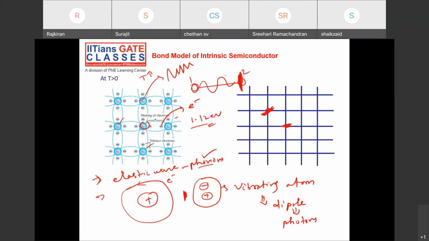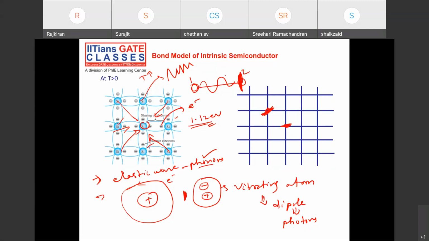The silicon atom will get energy from all the places, anyone can give energy to this one. So it will receive energy from phonons and photons continuously. But when it receives altogether 1.12 electron volt, nothing but my bond energy, the bond will break. Otherwise, the bond will not break.